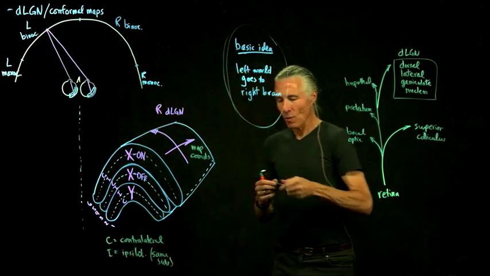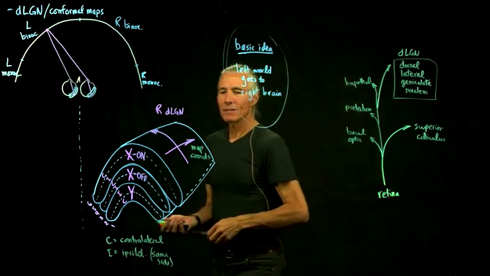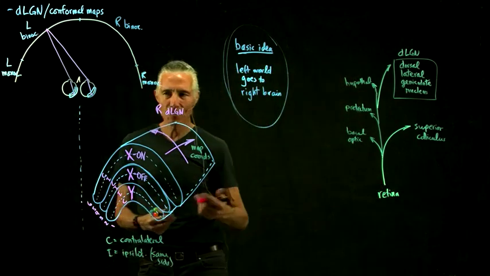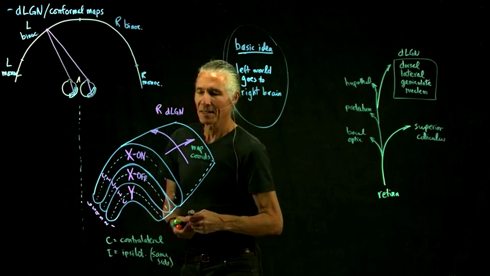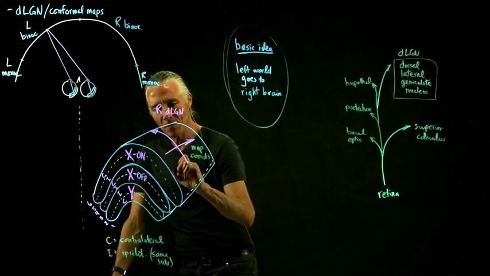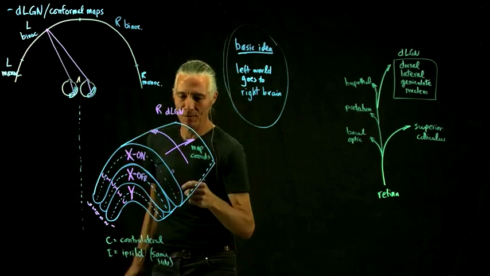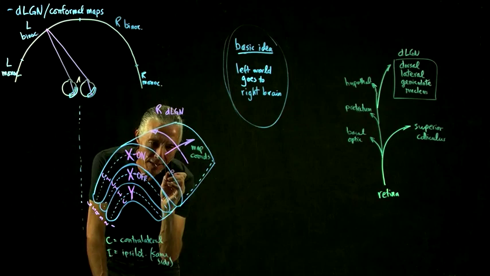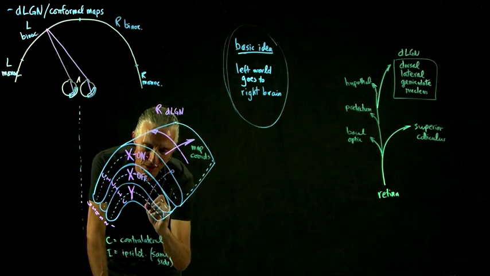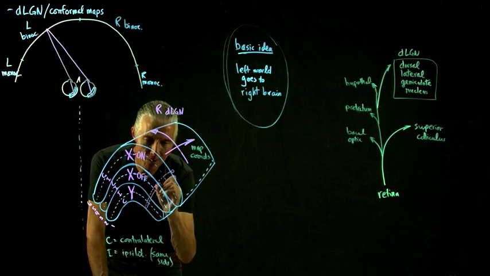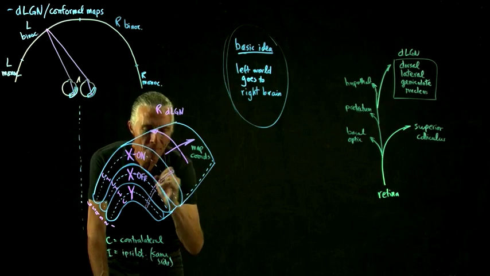And so what does a single point in the visual field look like in the geniculate? So imagine we got this little point right here in the visual field. It's somewhere in that coordinate system of the map of the visual field. What that corresponds to is this little thin tube of cells that are going down through all the layers.